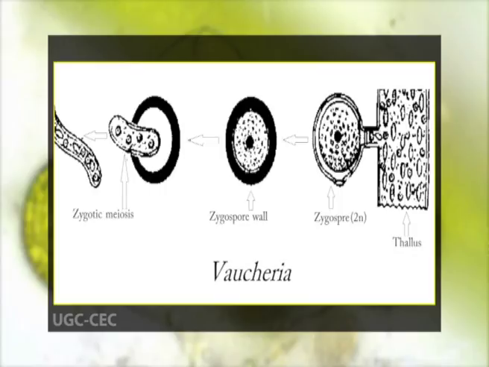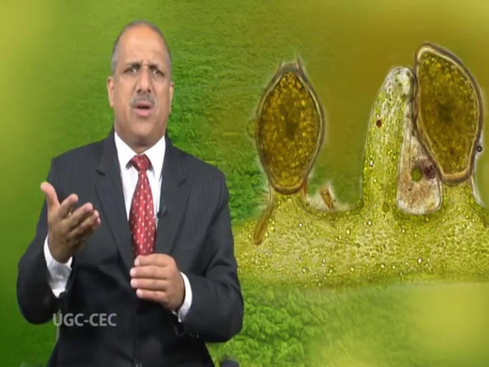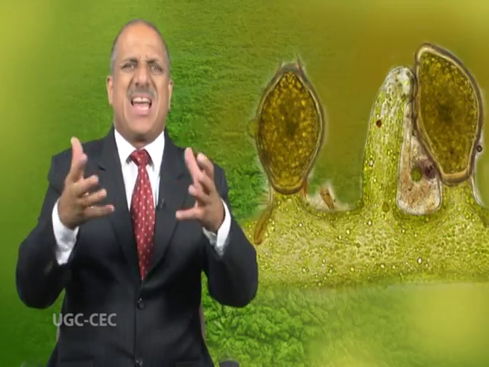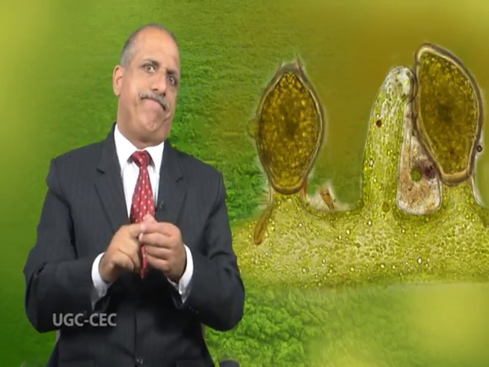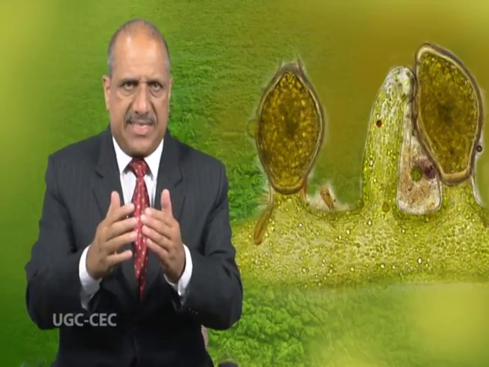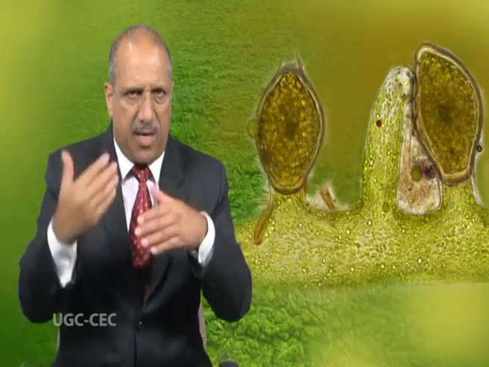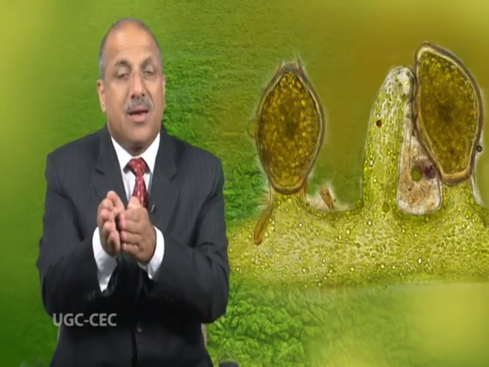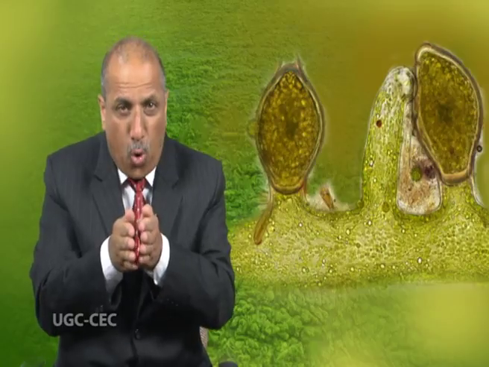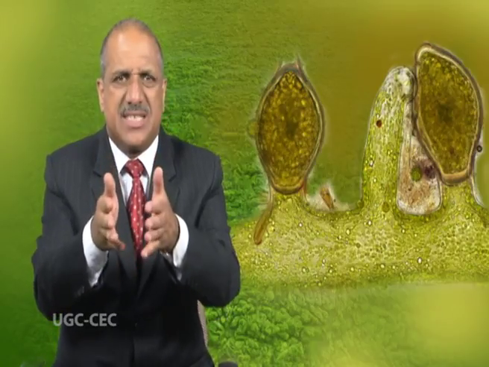Then the diploid nucleus divides by zygotic meiosis to form 4 haploid nuclei. It is followed by repeated endomitotic divisions, which results in the formation of a coenocytic thallus. Here I would like to mention, one nucleus starts endomitosis, produces many nuclei, but simultaneously it is followed by prolongation of the protuberances and elaboration of the thallus.